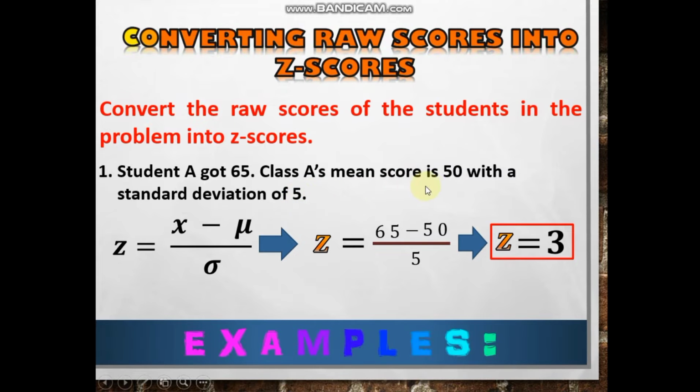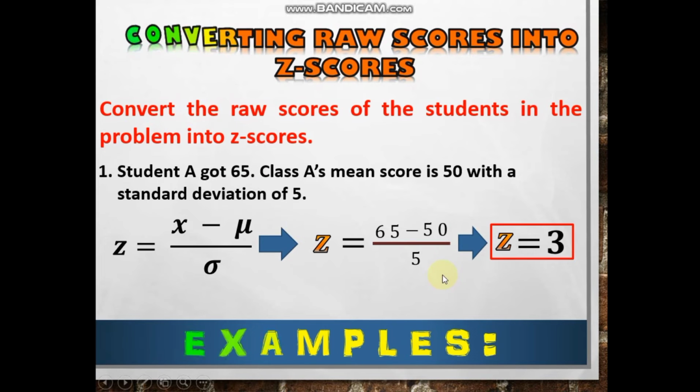So, kapag mag-start ka ng 50, kasi nandun siya sa gitna, kasi yun yung average, so 50, 55, 60, 65. So, 3 units above the mean na 50 para makarating sa score na 65. So, yun ang interpretation ng z-scores. Again, your z-score for the raw score na 65 is equivalent to 3.